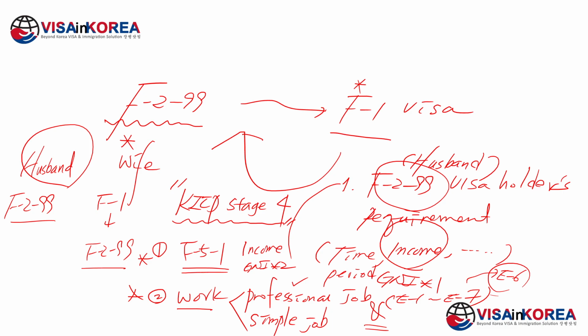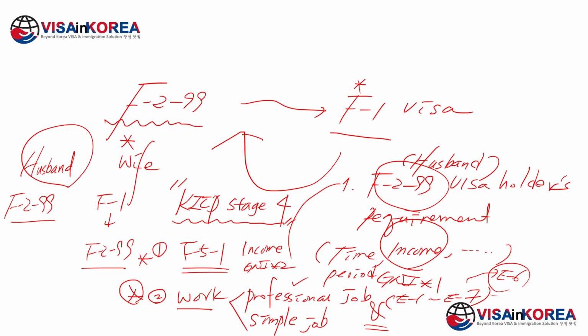You can do simple jobs and restaurant work, anything. This is a very important thing. But there are some restricted workplaces, such as karaoke places, where you cannot work, but except for that, you can do mostly basic jobs.